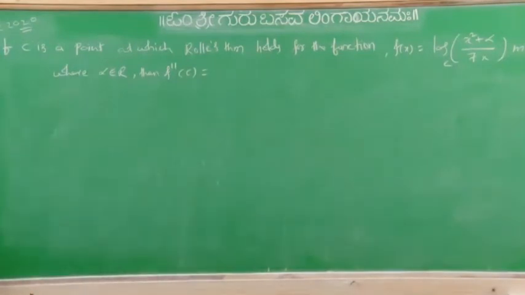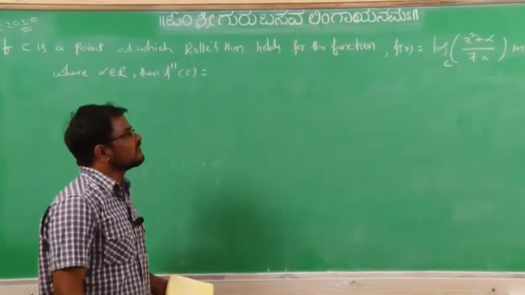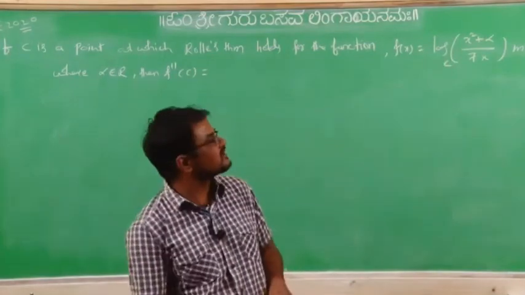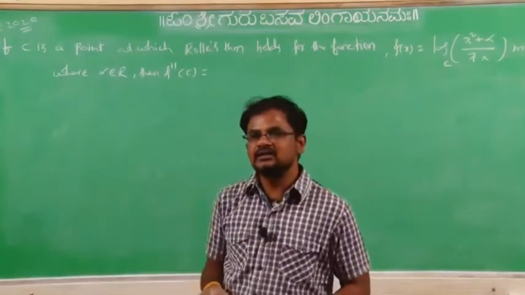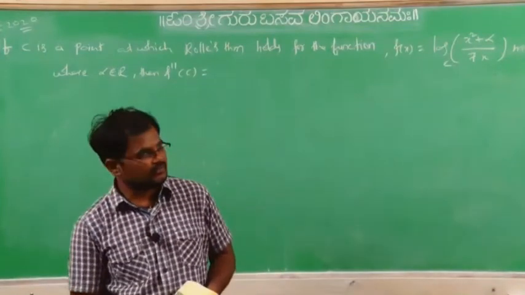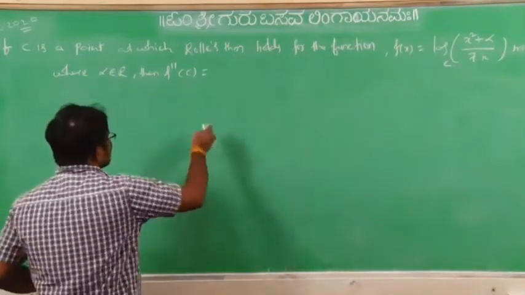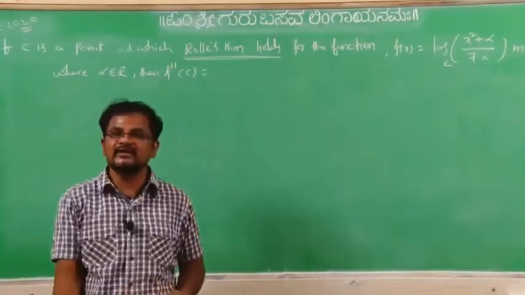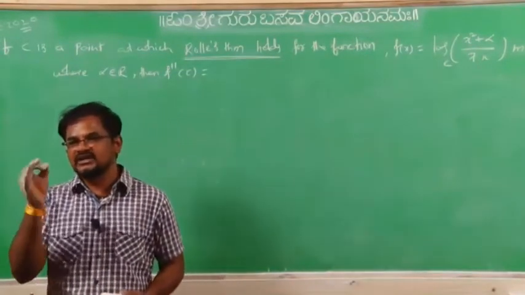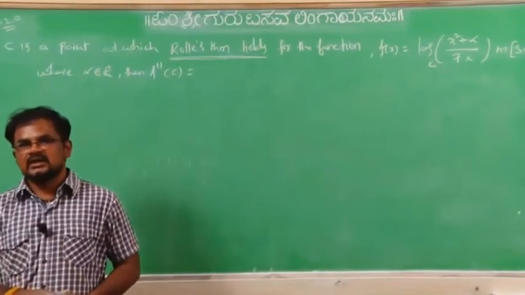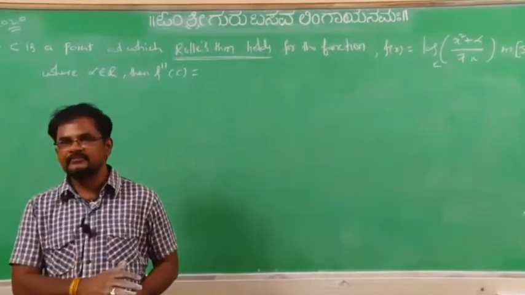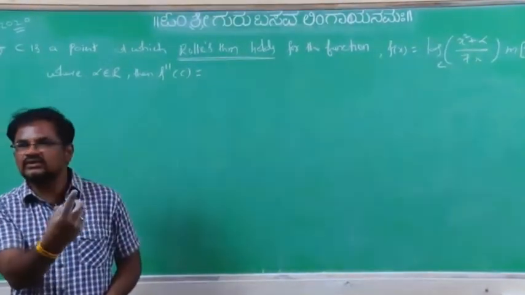If C is a point at which Rolle's theorem holds for the function f of x equal to log of x square plus alpha divided by 7x in the closed interval 3 comma 4, it means Rolle's theorem holds for this function. That means the function is continuous and differentiable in the given interval, and f of 3 equal to f of 4.